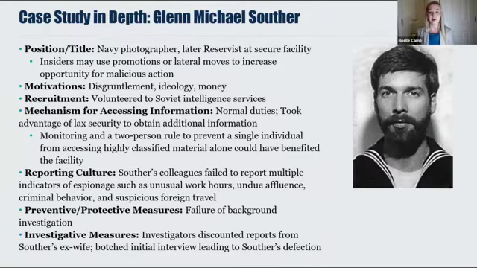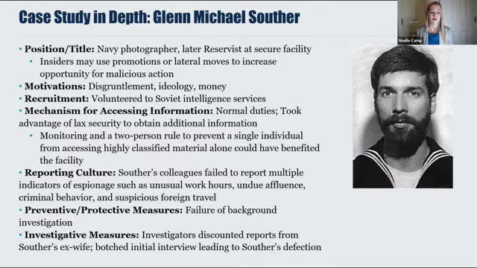This case was also a failure of the background investigation process. After Sutherland began committing espionage, he was eventually interviewed for a top secret clearance with the United States government, and went through the full background investigation process. Investigators failed to uncover any of the red flags I mentioned above, including his actual criminal record.